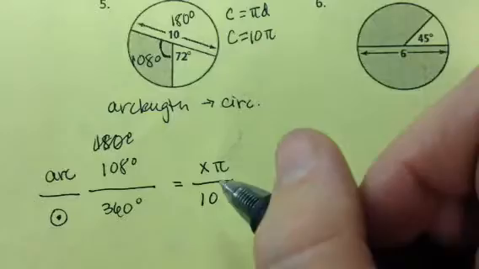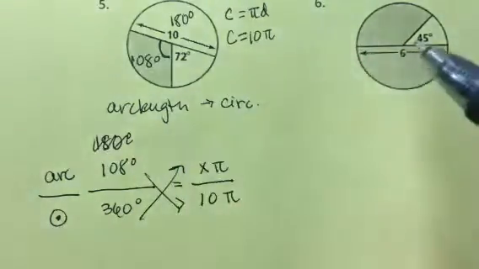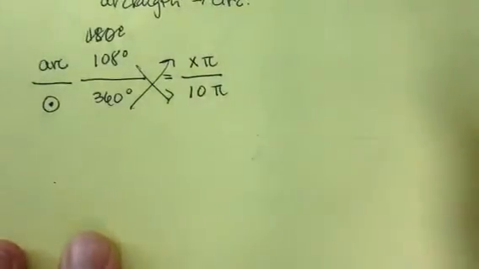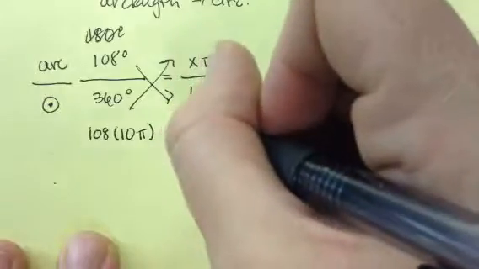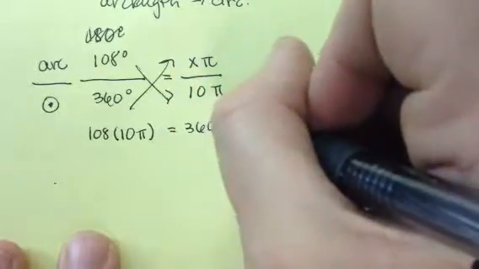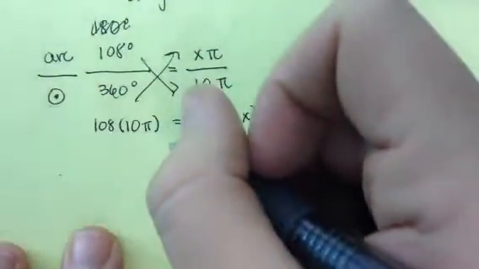All right, so we're going to cross multiply. When I go to cross multiply, I get 108 times 10 pi equals 360 times x pi, or pi times x. It doesn't really matter what order you write those in.